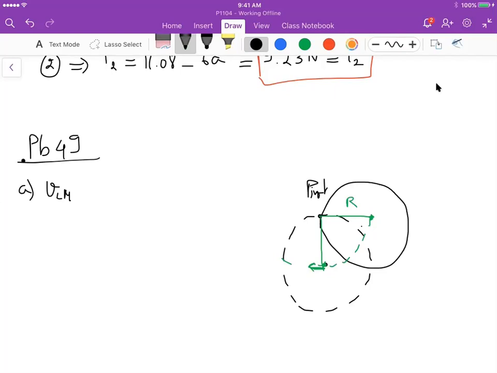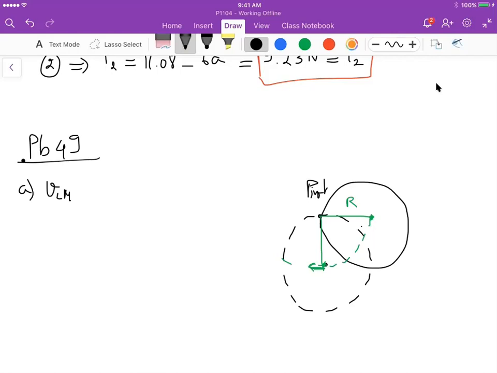Actually, this system, our disk and the pivot together with the earth, makes an isolated system where you don't have any non-conservative forces acting. The only forces would be the gravitational force exerted by the earth on this disk and the normal force exerted by the pivot on the disk, and both are conservative forces.